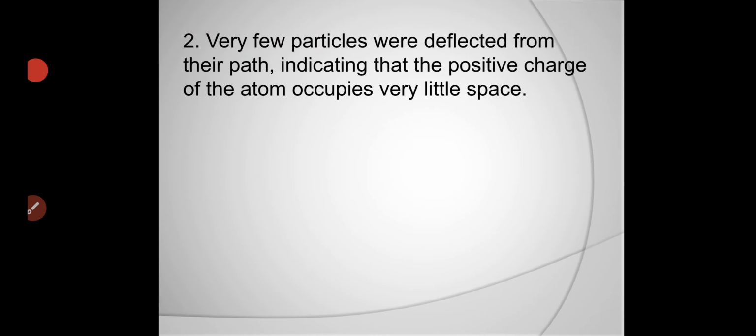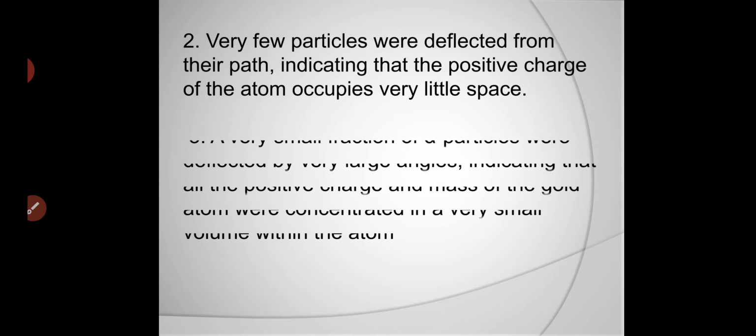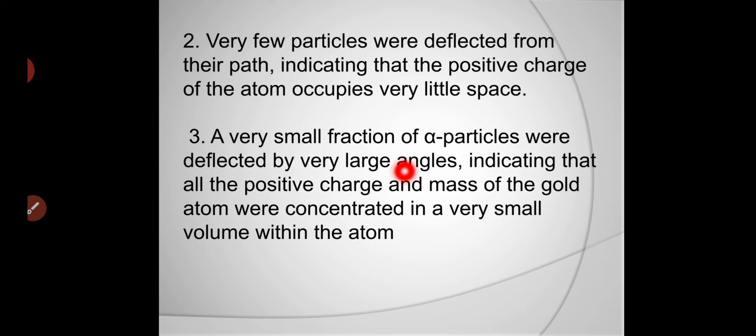So again he said, very few alpha particles were deflected from their path, indicating that the positive charge of the atom occupies very little space. So in that very little space there is positive charge, and that's why some rays were deflected. A very small fraction of alpha particles were deflected by a very large angle, indicating that all the positive charge and mass of the gold atom were concentrated in a very small volume within the atom.